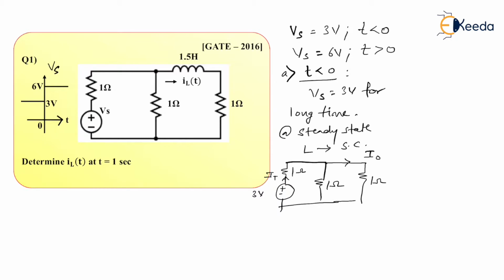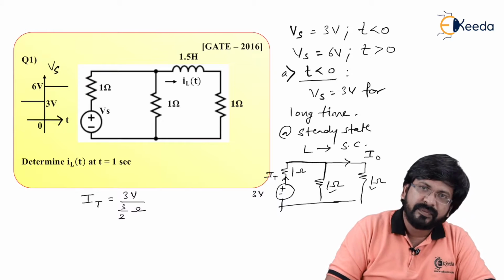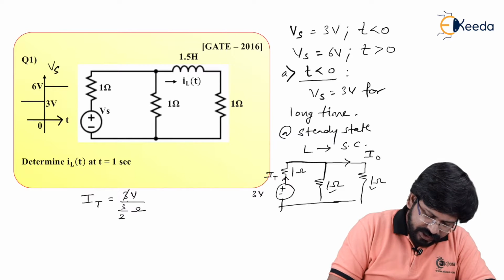As you can see, 1 ohm and 1 ohm are connected in parallel. Effective is half. This half ohm comes in series with 1 ohm and becomes 3 by 2 ohms, right? So IT is equal to 3 volt divided by 3 by 2 ohms. So this 3 gets cancelled. So can I say it is 2 ampere?